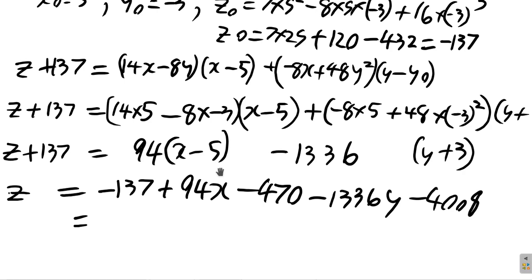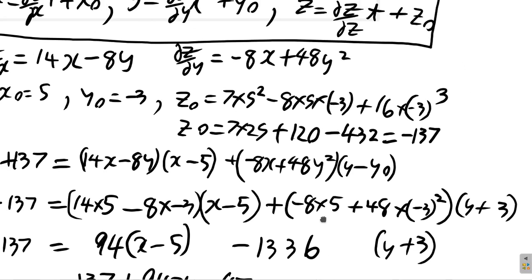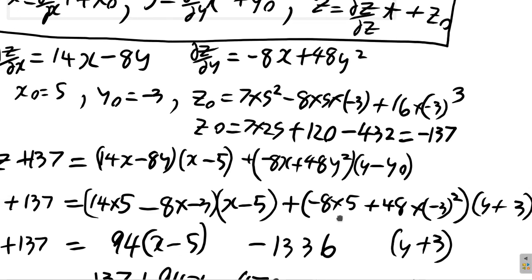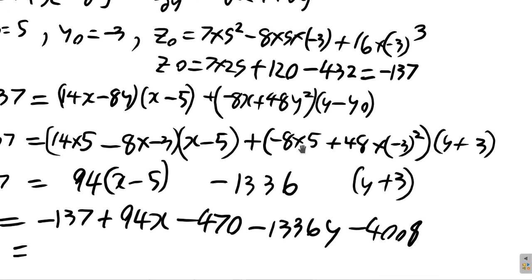Now we have x minus 5 in that case, plus, then we have negative 8 times 5, that's negative 40.